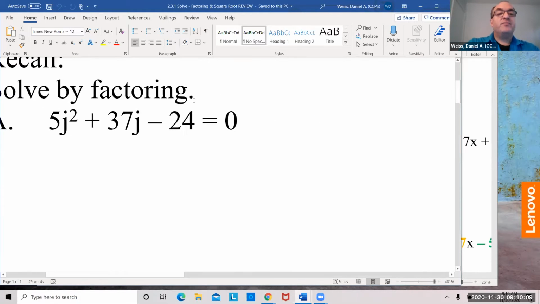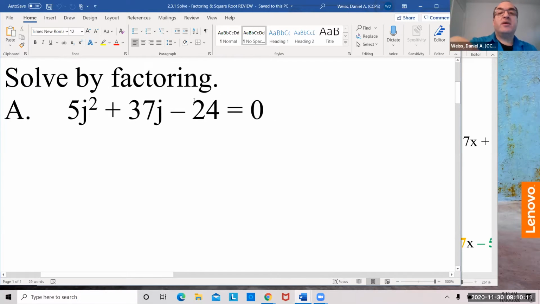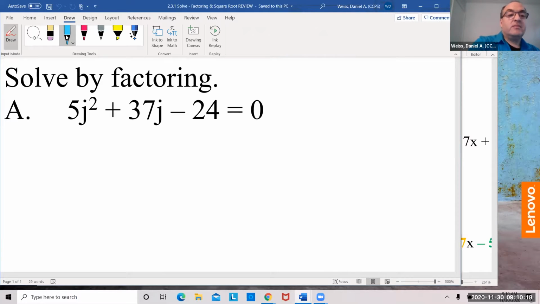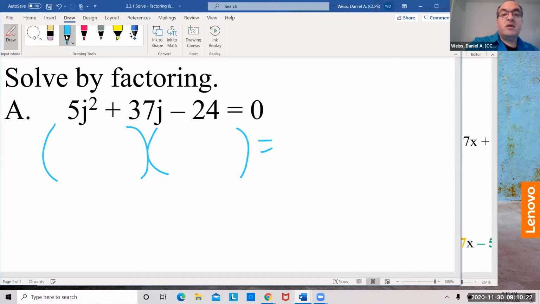Remember factoring? Okay. So what did we do here? What times what is 5j squared? 5j times j is 5j squared.